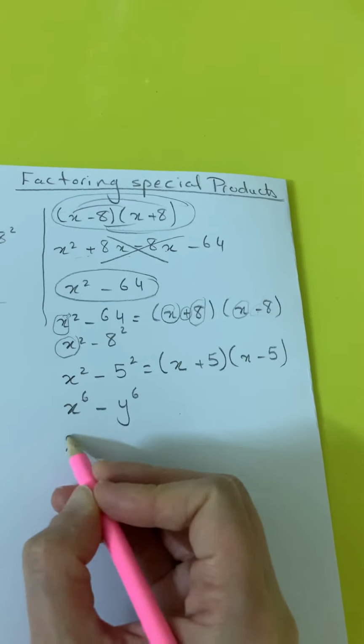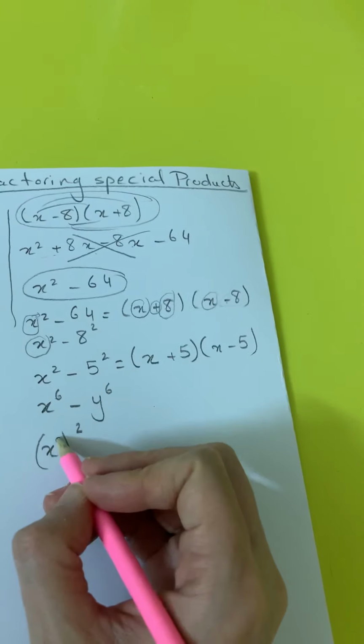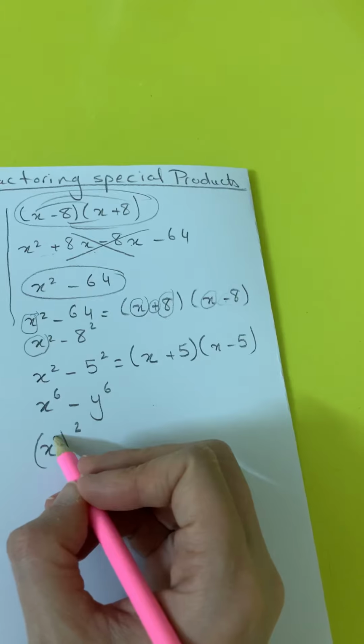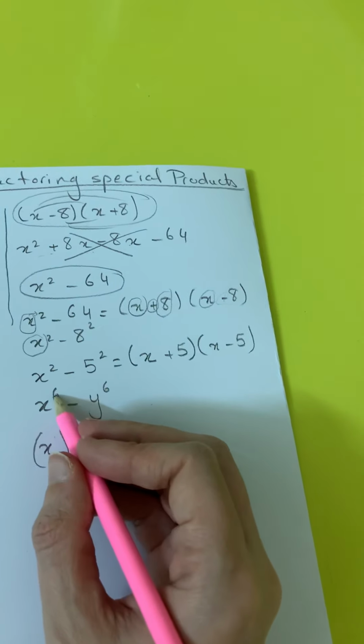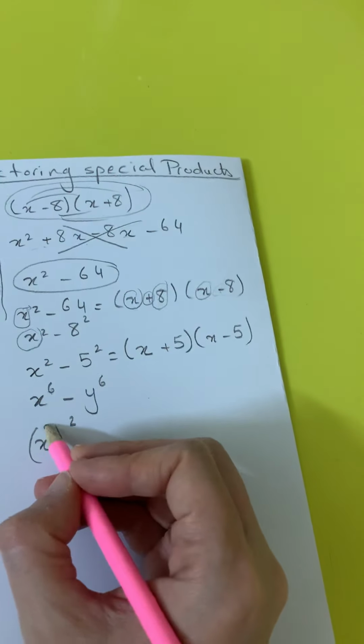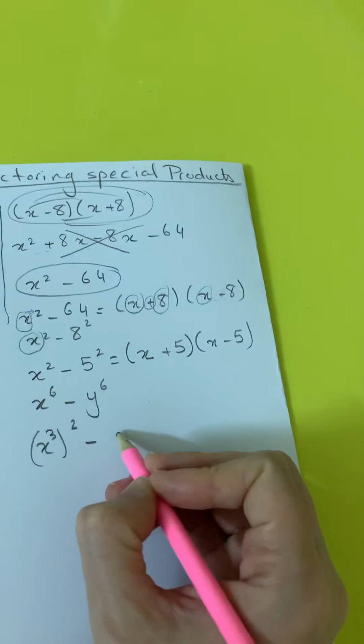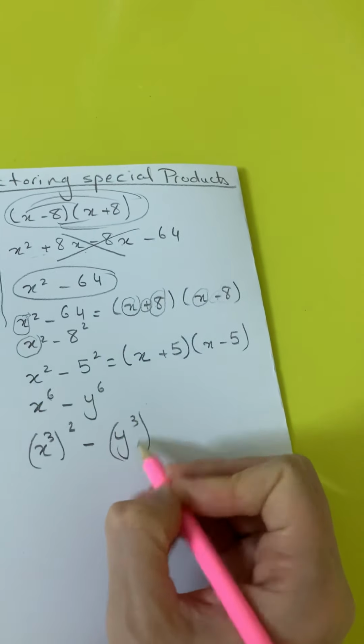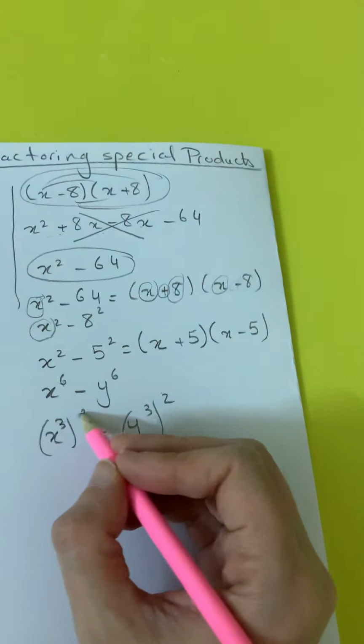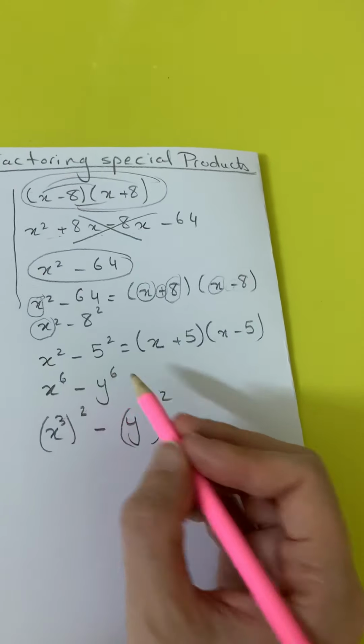So you think, what times 2 will give me 6? It's 3. And same for y. Look, 3 times 2 is 6.